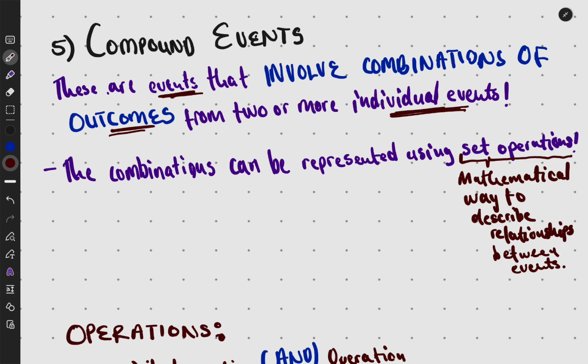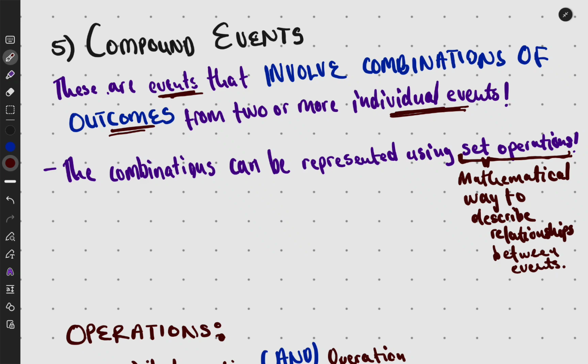Okay, and these combinations of outcomes can be represented using set operations. So we are going to be combining the outcome of an event to the outcome of another event, and then we say we have compound events. When we are combining these outcomes, we will be using words that convert these combinations into set operations.